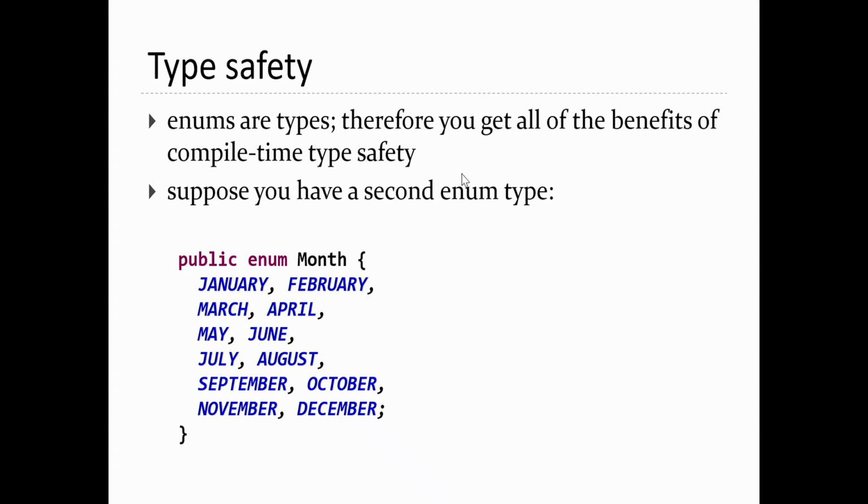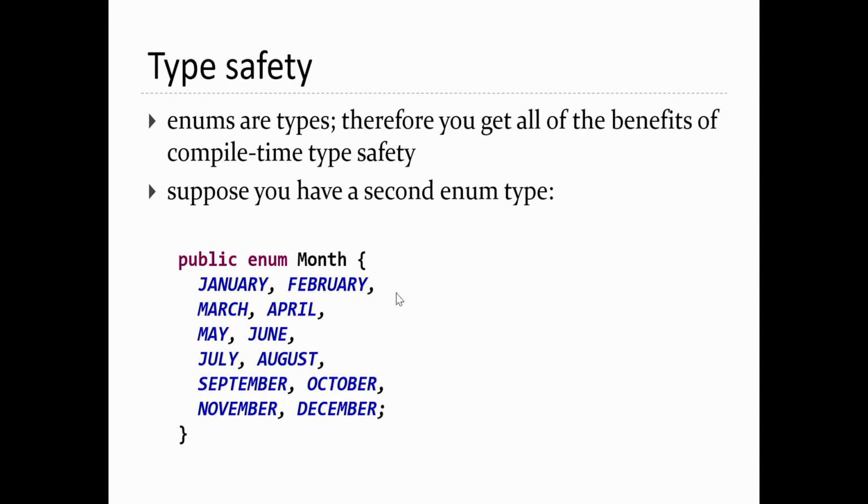So enumerations are classes, which means they're types. Because they're types, I get all the benefits of compile time type safety. I can have an enumeration called Month, where I have the 12 months, and now the Month type is distinct from the Day type. So Month.January is not equal to Day.Friday or whatever; they're not even the same type.